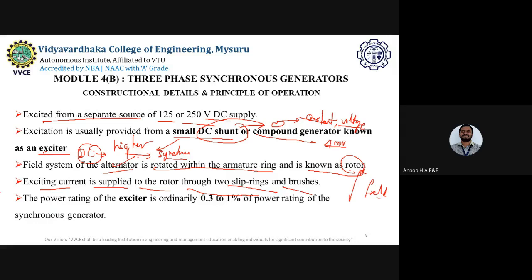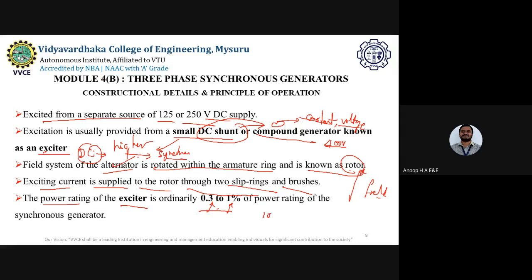Now how do I select the power rating of the machine required for the exciter? It is more or less 1% as the maximum value, and the minimum value is about 0.3% of the power rating of the synchronous generator.